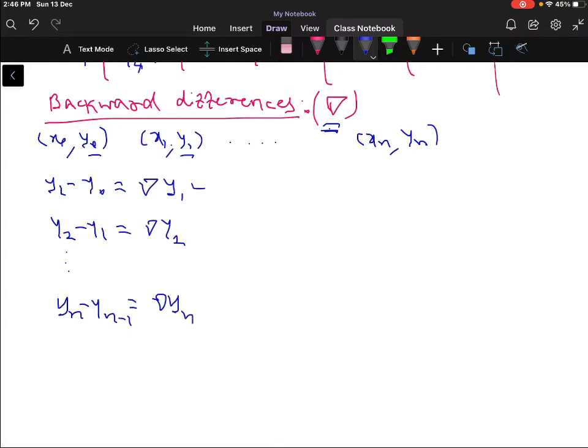So nabla y1, nabla y2 and so on, nabla yn are the first backward differences.